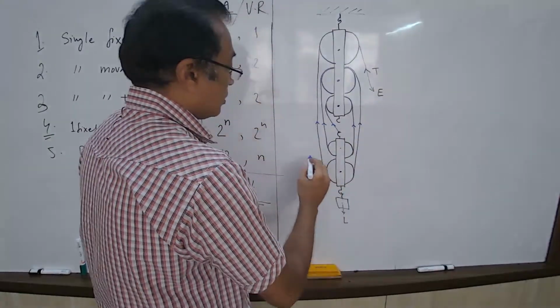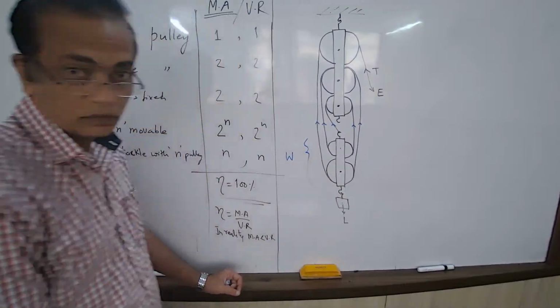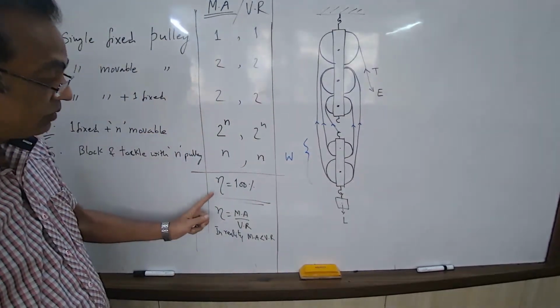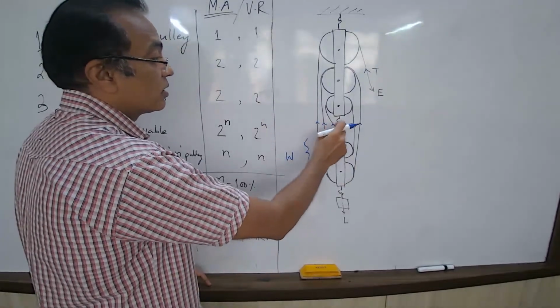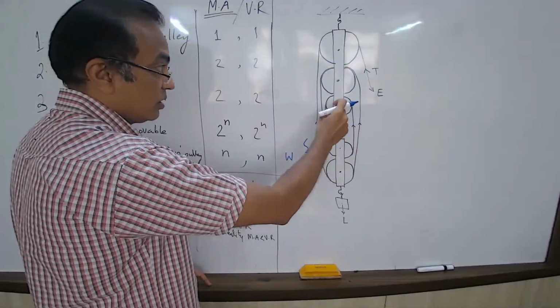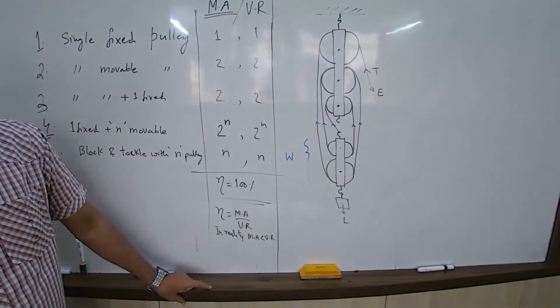Right? So now imagine that the lower block has weight W. While deriving this efficiency, we said lower block has no weight, the strings are inextensible and massless, and there is no friction between the pulley and its bearing. Right? That is what was assumed.